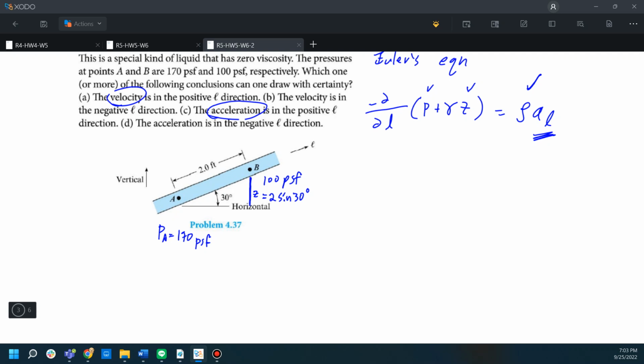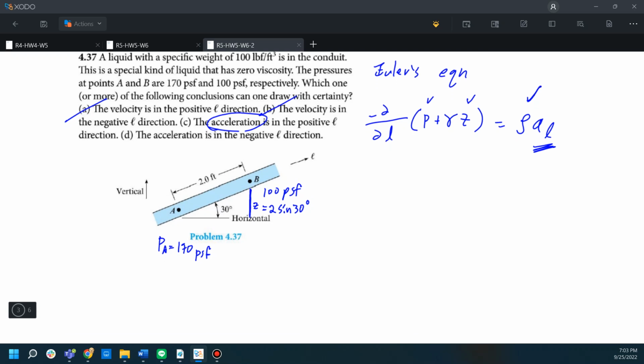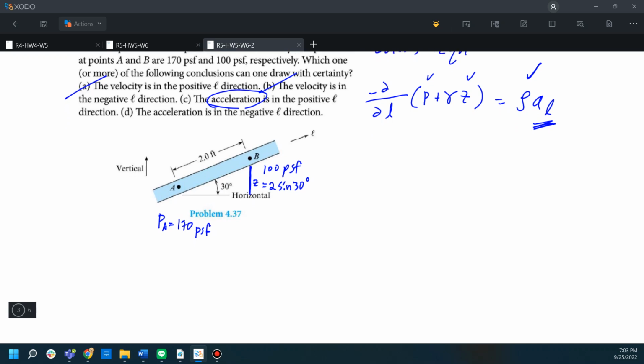And there's no other information that we can use to derive the velocity of the fluid in this tube. So now we can cancel A and cancel B. So can we further answer whether the acceleration is positive in the L direction or negative in the L direction? Let's see if we can calculate that, okay?